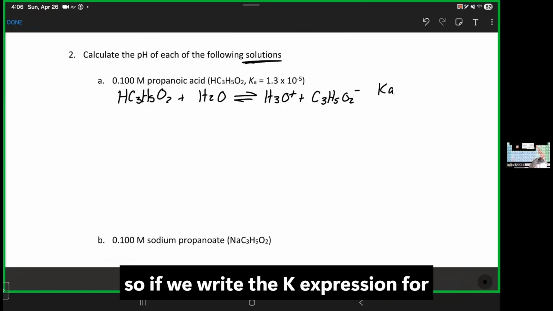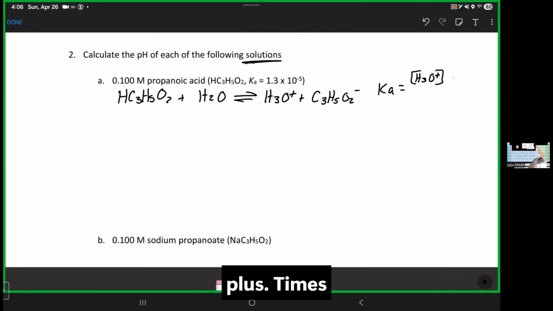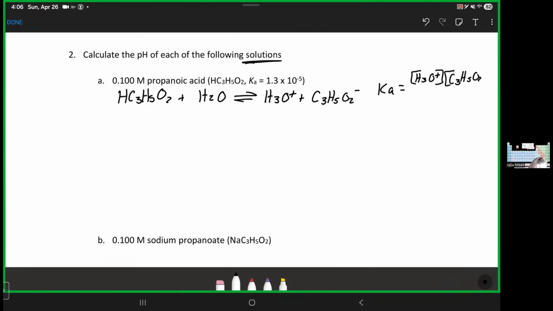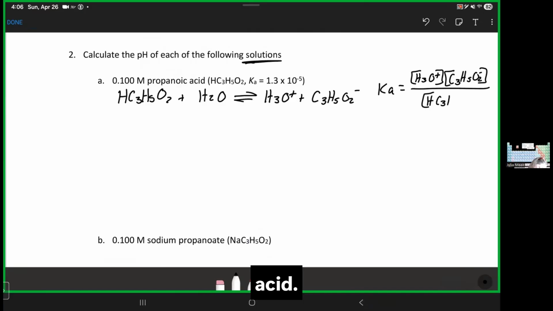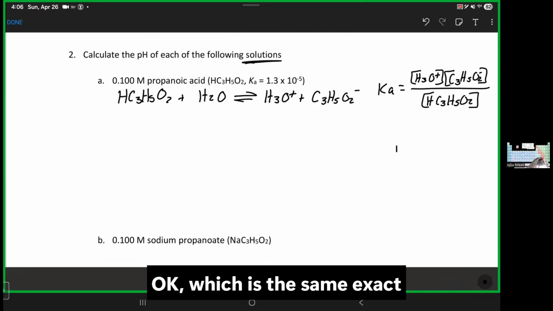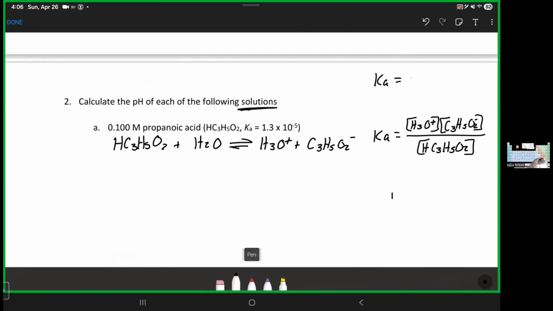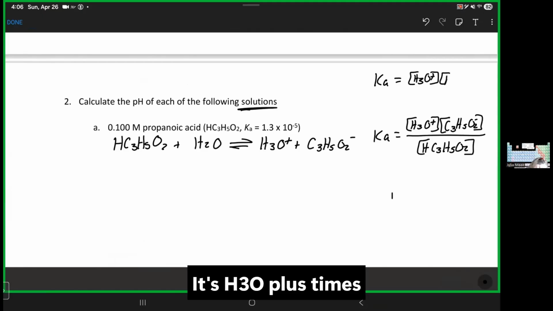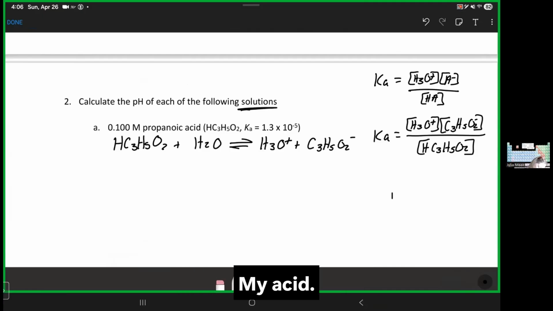So the K expression is the concentration of my H3O plus times that anion divided by the acid, which is the same exact thing as writing H3O plus times my anion divided by my acid.